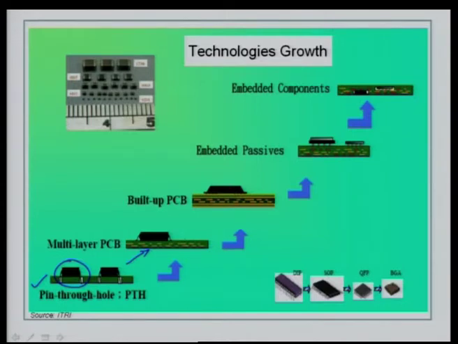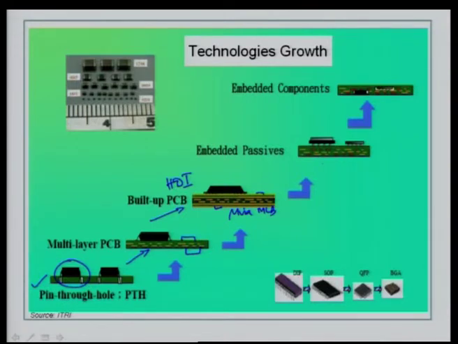You can have your passives mounted on both sides of the board. Then you have the high density build up PCB or build up technologies that we have discussed. So, here again you will have multi layers with micro vias, and in this case the surface mount devices will be placed on both sides of the system level printed wiring board.